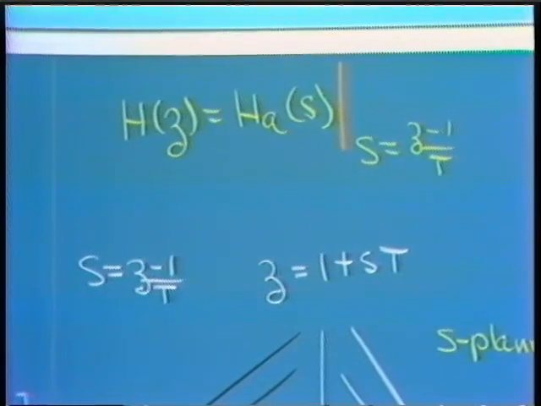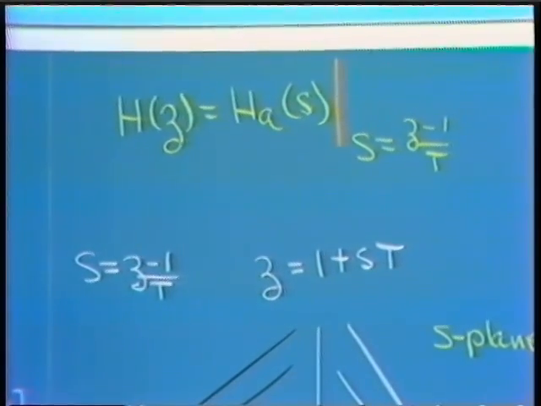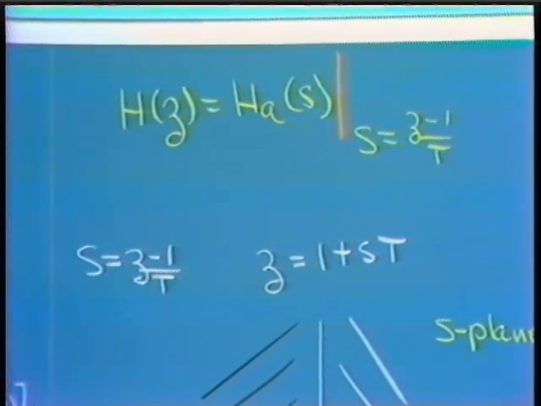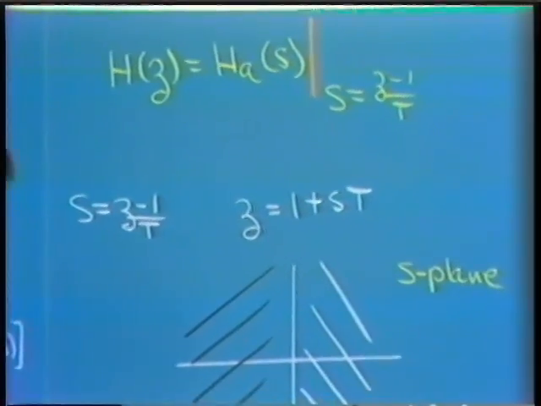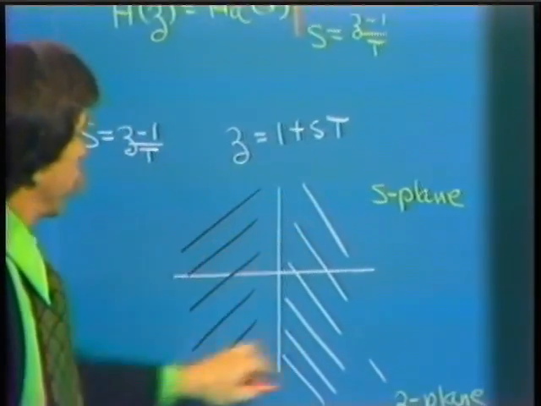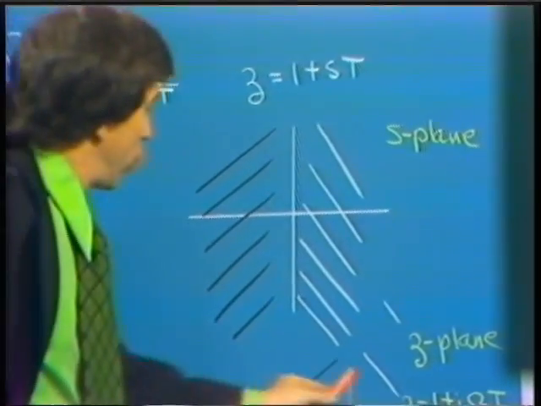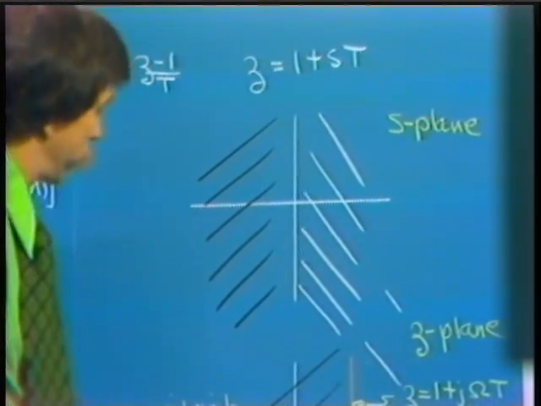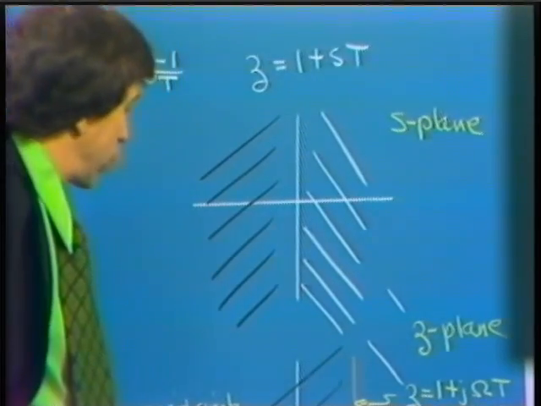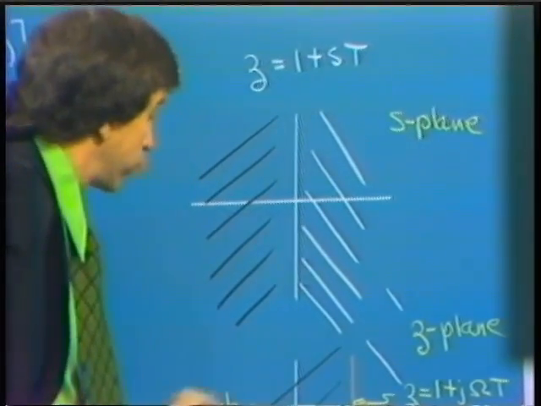Well, let's see what this mapping is in fact and decide whether it satisfies the objectives that we set down before. Here is a picture of the s-plane, and here's the j omega axis. Below we have the z-plane, the imaginary axis, real axis, and the unit circle.